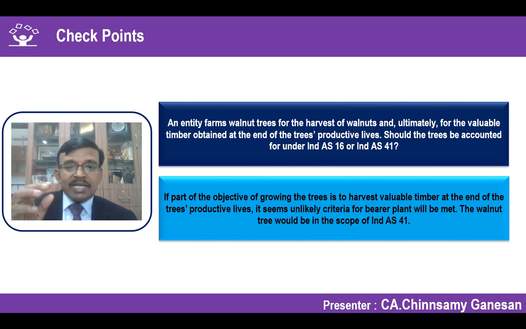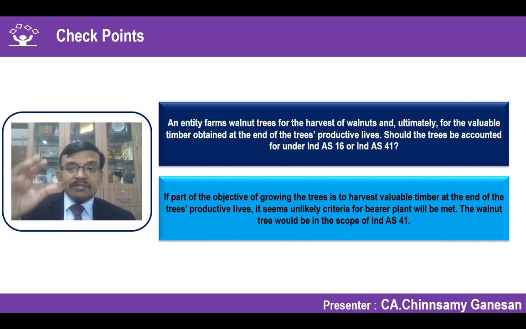Only thing which we have to talk about is that because the value is very high, if part of the objective is growing the trees only for getting the end timber, and walnuts are harvested as an incidental activity, the intention goes for the timber. That means it's a consumable biological asset. In that case, it is covered under Ind AS 41.